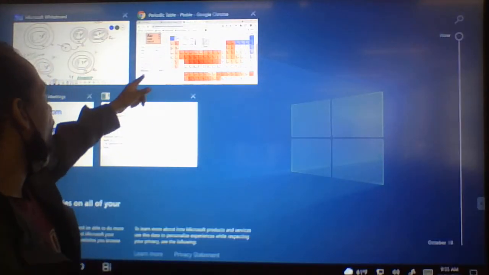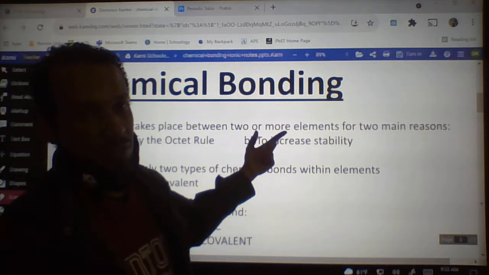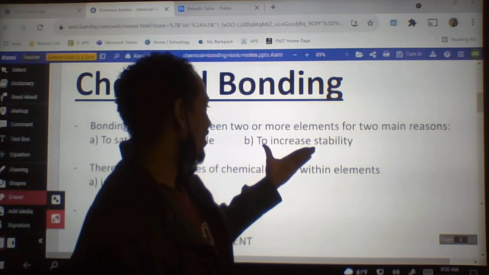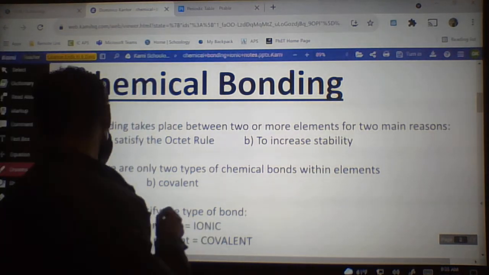Also when I look here, increasing stability. Everything in the universe wants to increase stability. We'll also see a term called entropy.